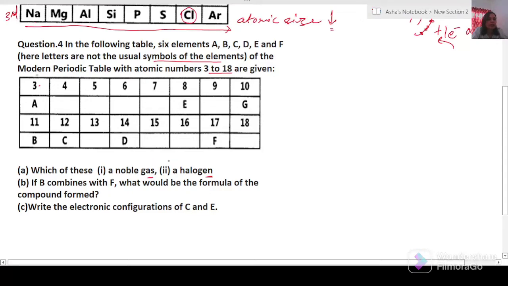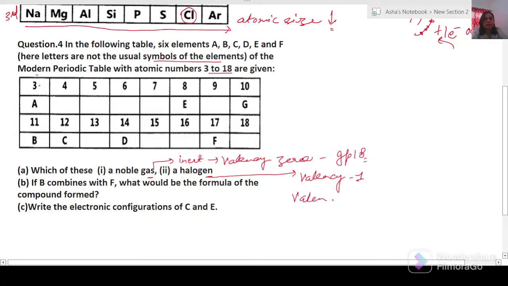Noble gas means inert gases, in which valency is 0, remember. So they are asking for group 18 elements here. And halogen, you know, valency should be 1, valence electrons should be 7, and they are in group 17.